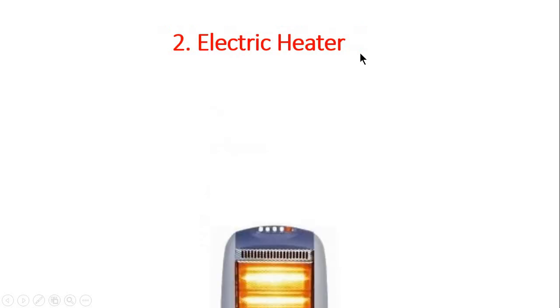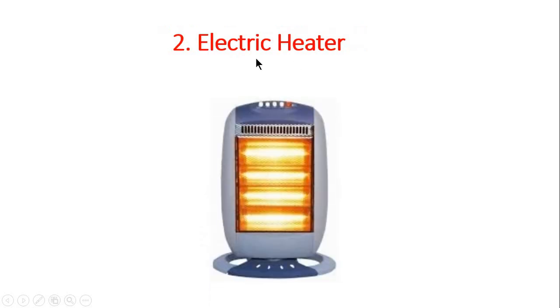Now, moving on, the next application is the electric heater. Basically, an electric heater is a device which works on electrical supply. It converts electrical energy into heat. It has a resistive network.